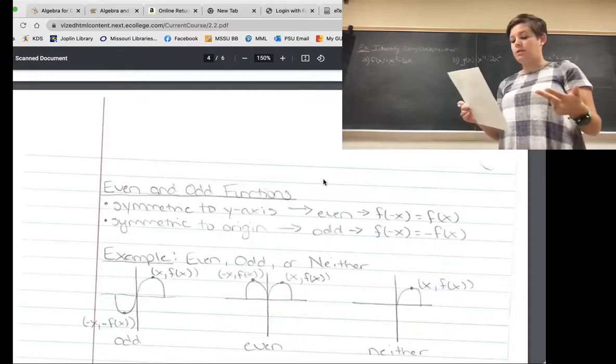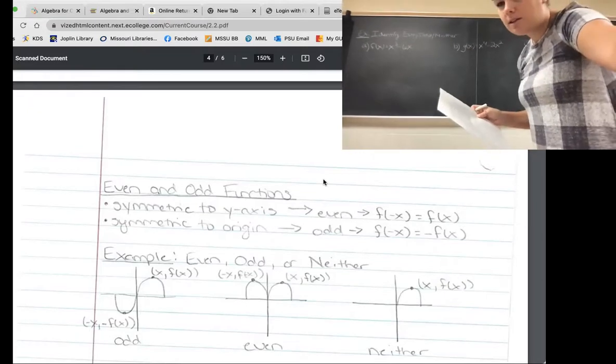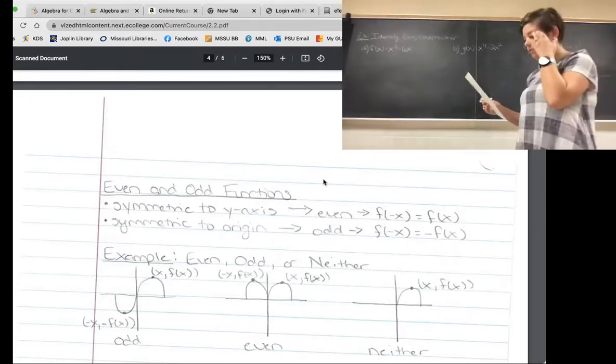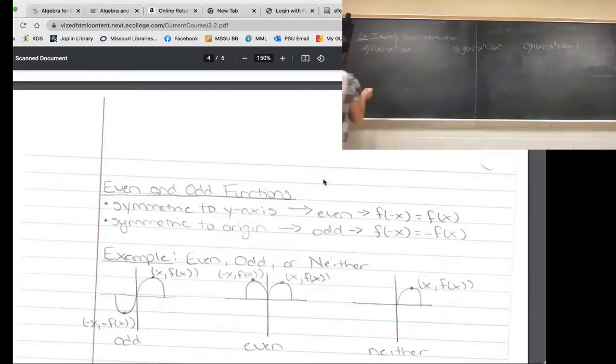And the way that you do that is you plug in a negative x for the x in the equation and see what you get out at the end, okay? So I'm going to do f of negative x. Anywhere there's an x, I'm writing negative x. And then I'm going to simplify.